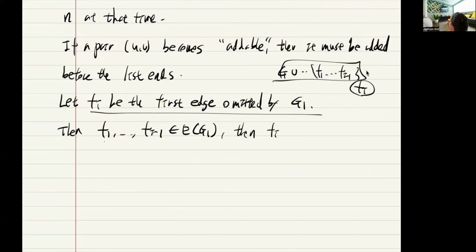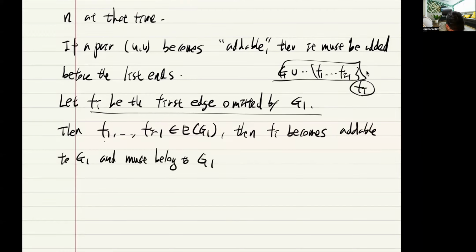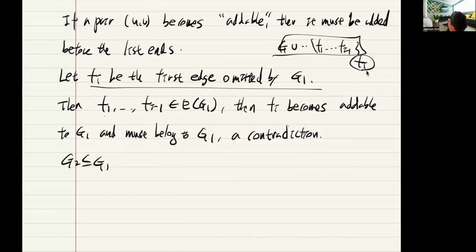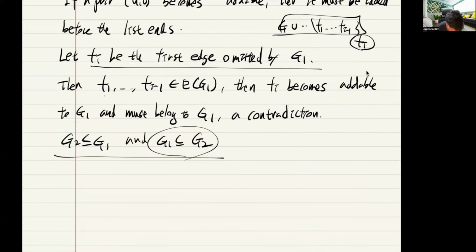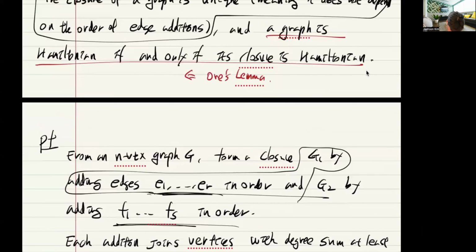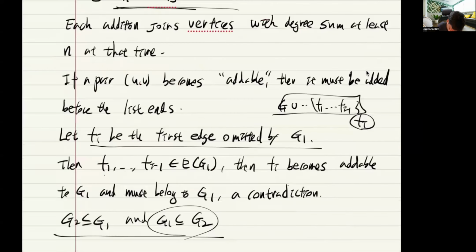So Fi becomes addable to G1, and it must belong to G1. A contradiction. This shows that G2 must be a subgraph of G1, and the same logic also holds the other way. So this proves the first part, and the second part comes from the lemma.